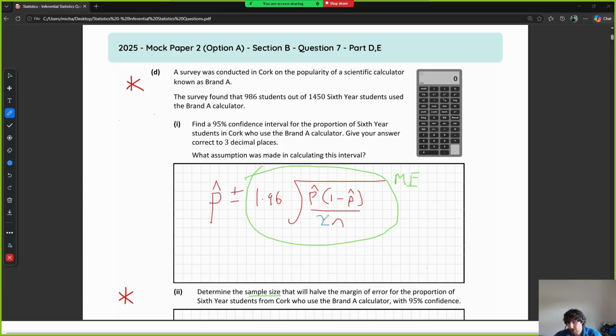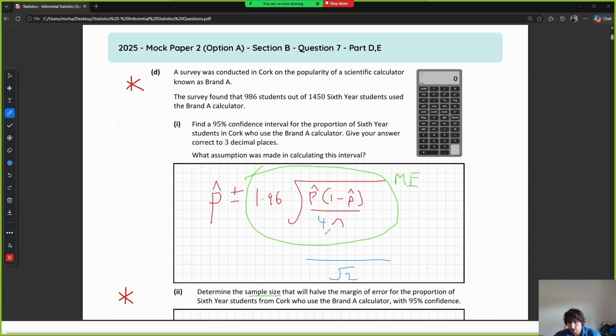The reason is that when you're square rooting a 2, it's like you're dividing by root 2. Fair enough, the root n is down here, but you haven't actually halved the margin of error if you just put a 2 there, because you've only reduced its value by root 2. So hopefully people are good with this idea.